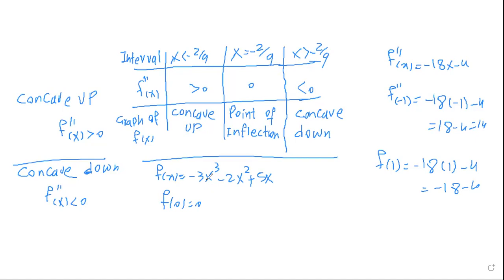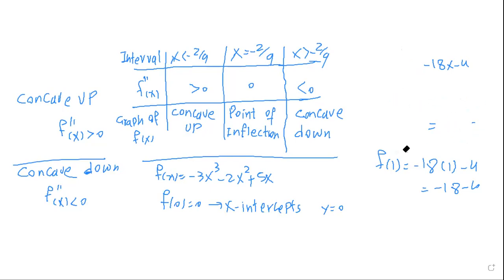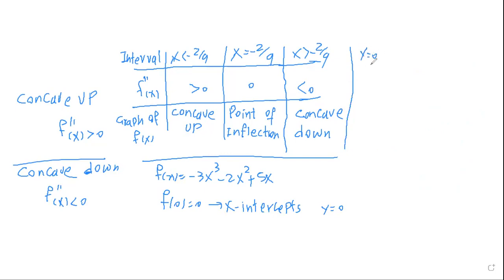Then what is the x-intercept? Because when you graph the function, you should know the x-intercept and y-intercept. For the x-intercept, y is 0. Let me write here for you. You see how much information you want? Then y is 0, so negative 3x cubed minus 2x squared plus 5x is 0.